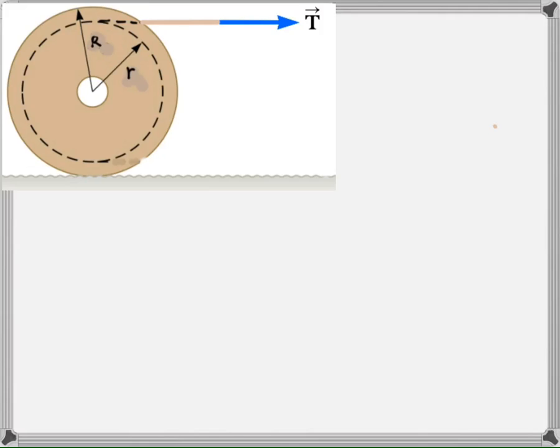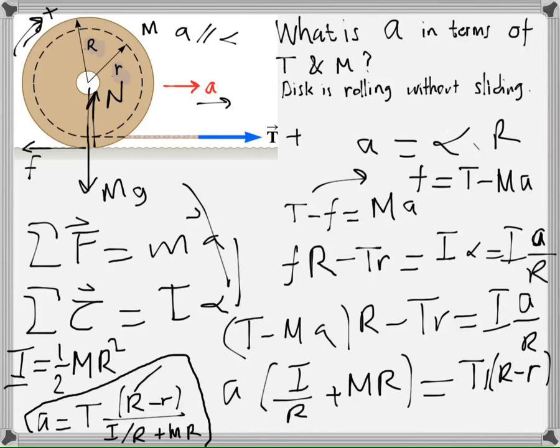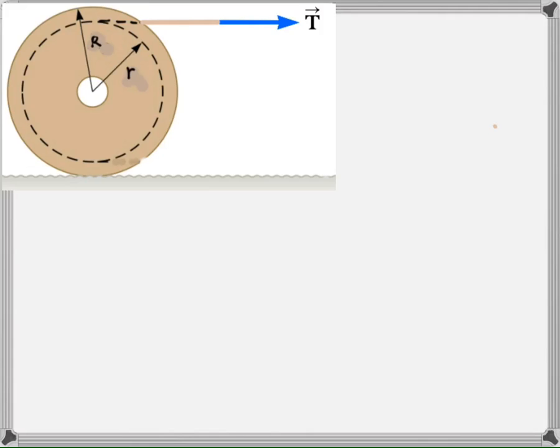Suppose there is no friction. In which way will the spool rotate when you pull it? It will rotate in the clockwise direction, but in the previous case it was rotating counterclockwise, right? In the other way. But here, if there is no friction, it will rotate in this direction.